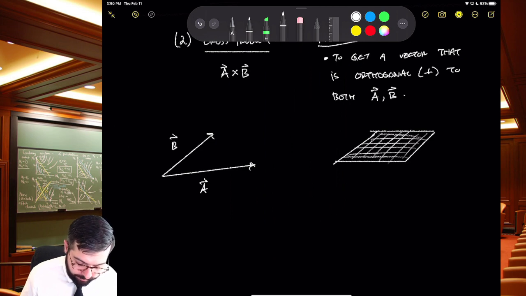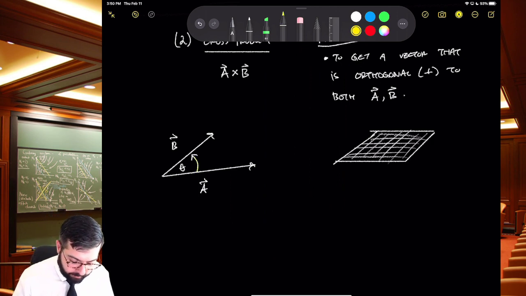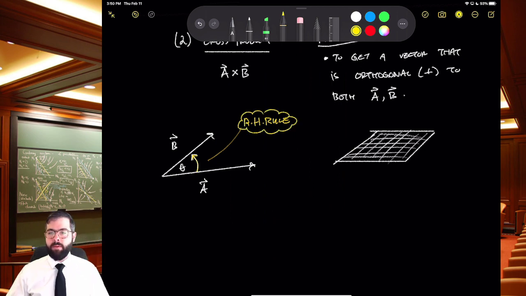A and B with some angle between them. This arrow is actually really important. This signifies the right-hand rule. Does anybody remember what the right-hand rule is? Okay.